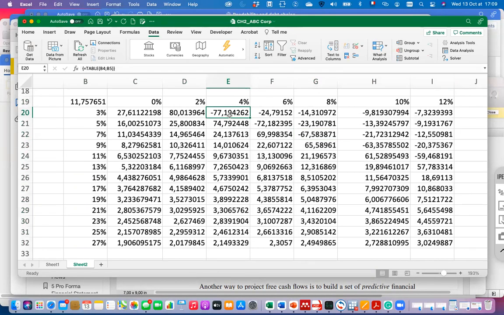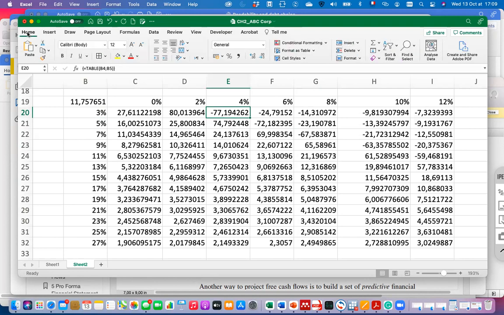Take this example: minus 77, because we have growth rate 4% and cost of capital 3%. Remember, for the Gordon-Shapiro model, one of the basic conditions is that the growth rate must be less than the WACC, right?